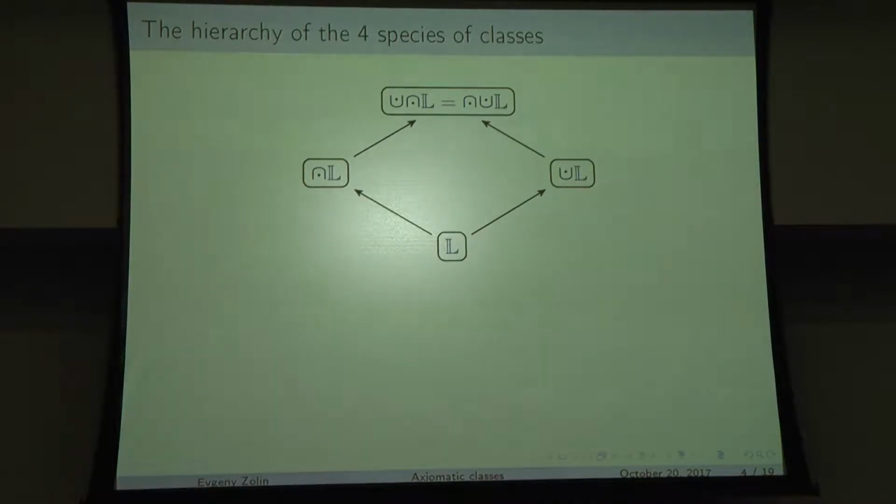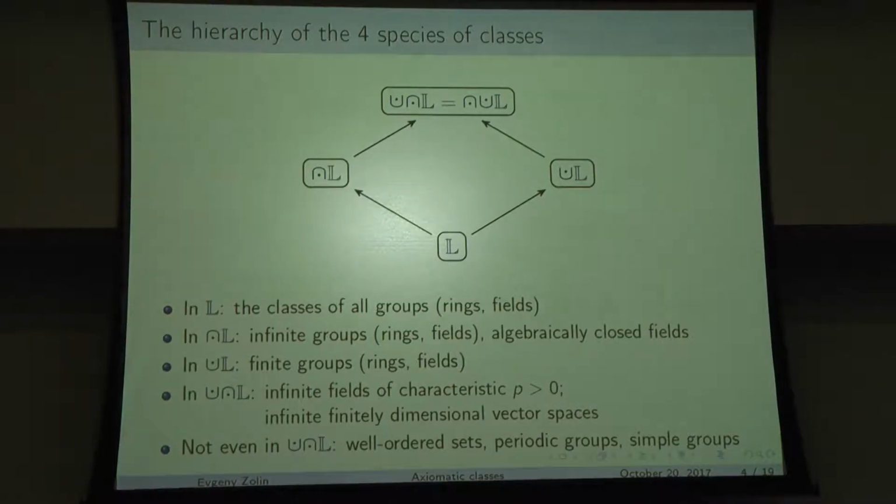And to get a bit more familiar with these kinds of classes, here are some examples. In the first level, finitely axiomatizable are the classes of groups, rings, fields, partial orders or linear orders. In this room, there are classes of infinite groups, infinite rings, algebraically closed fields, and so on.